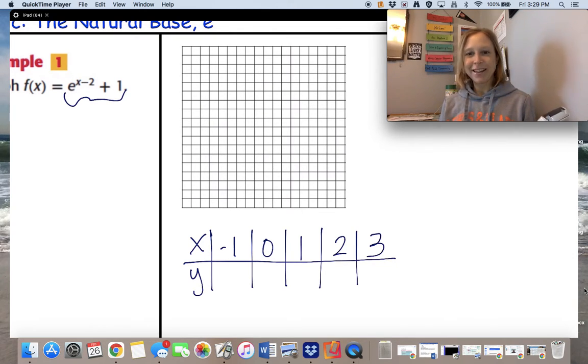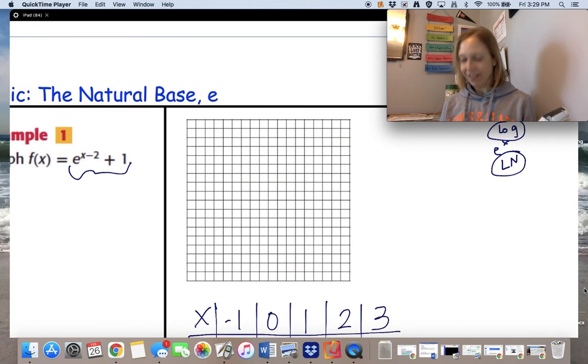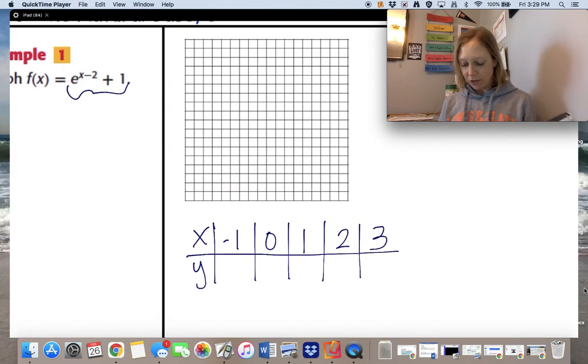I was writing right underneath where my face is. So right underneath the log button is where I see ln, and then I have my e to the x. So I am going to press second ln to get my e to the, and now I'm going to do -1 minus 2, close the parentheses, plus 1, enter.